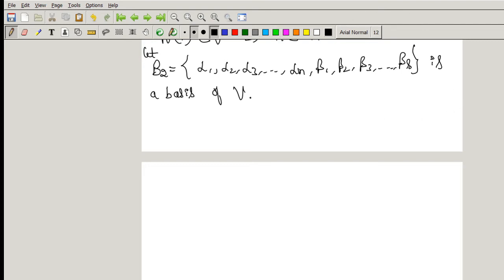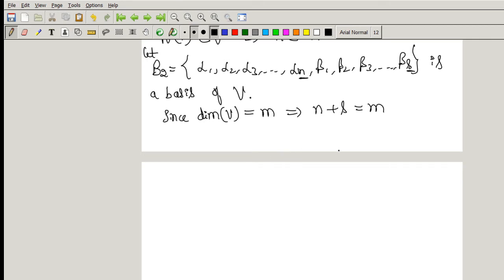And V is of finite dimension, since the dimension of V is equal to m, which implies n plus s must be equal to m, because the number of elements in a basis set is nothing but the dimension.